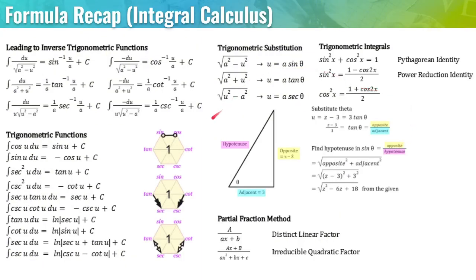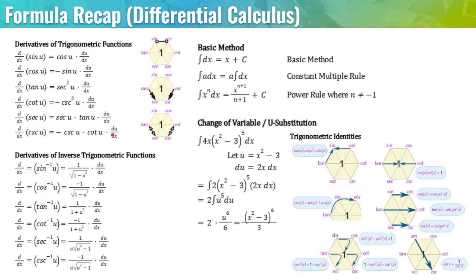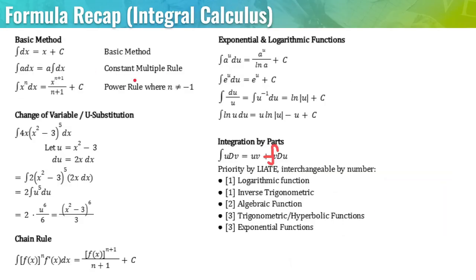As for these formulas, you won't be using these much. Probably the only ones you'll be using are cosine and sine. So cosine, remember in integral calculus, cosine is the one that gives the positive and sine becomes the negative. So recall earlier, derivative of sine is positive cosine x and derivative of cosine is negative sine x.